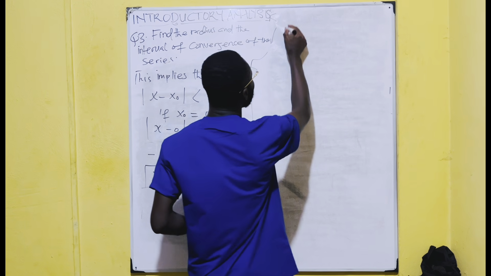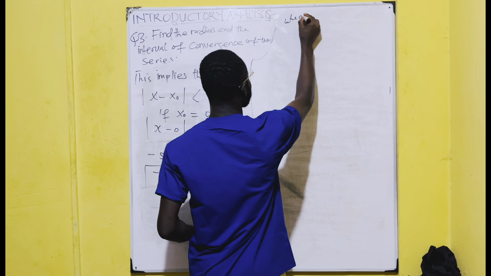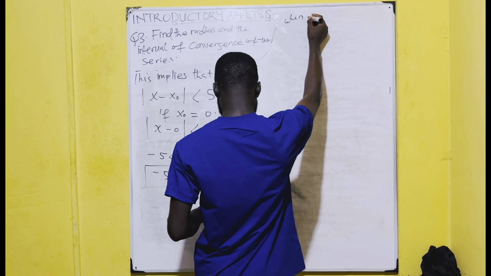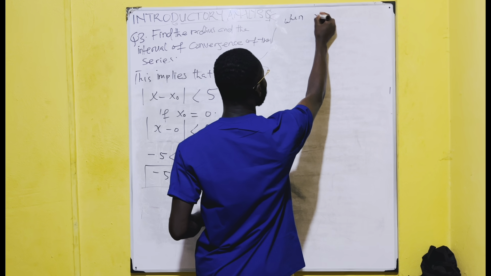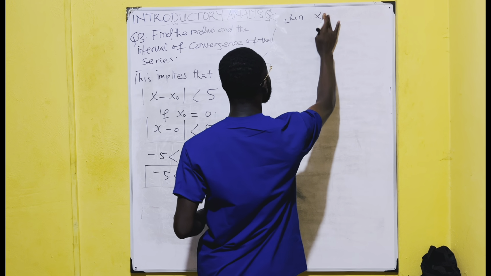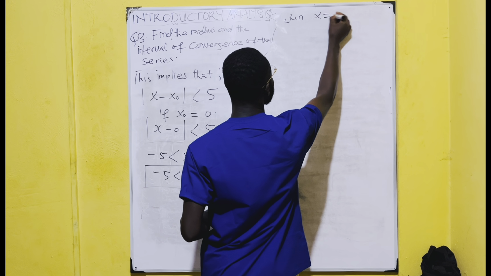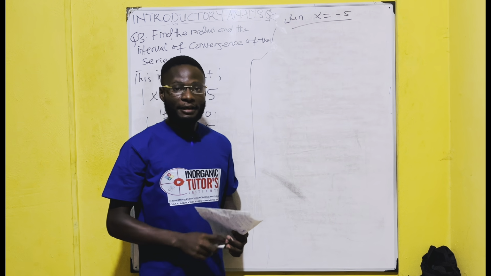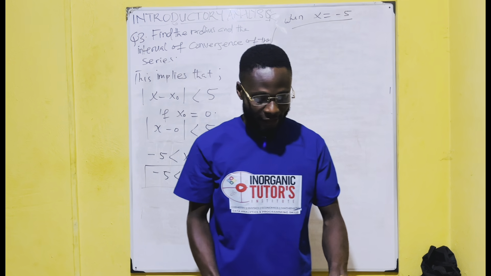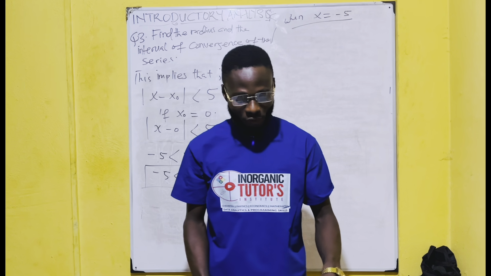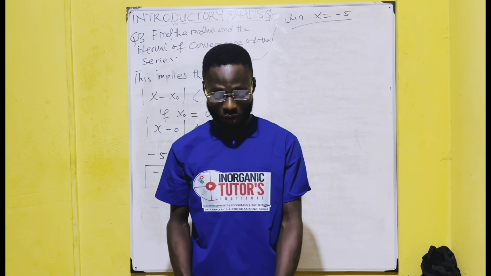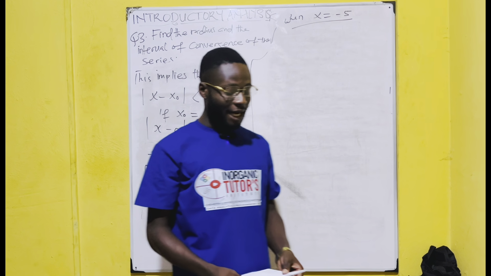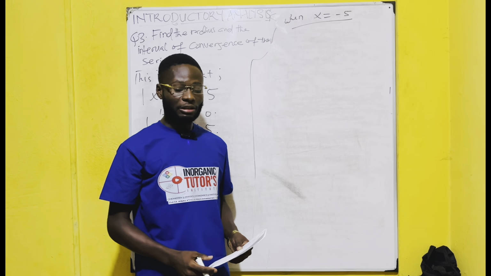So we say that when x is equal to -5, what are we going to get for the interval? Is it going to fall in it or not? So we apply that and check, right?